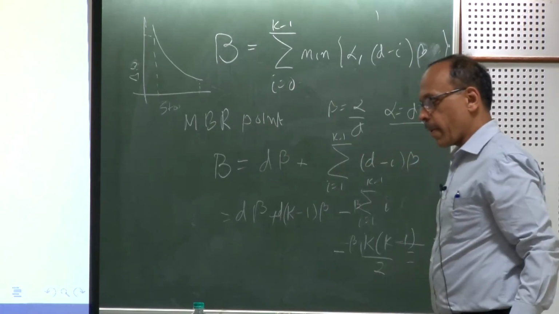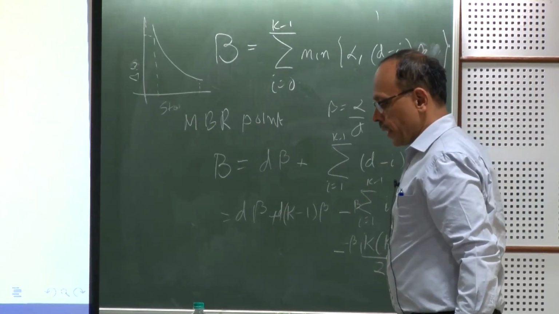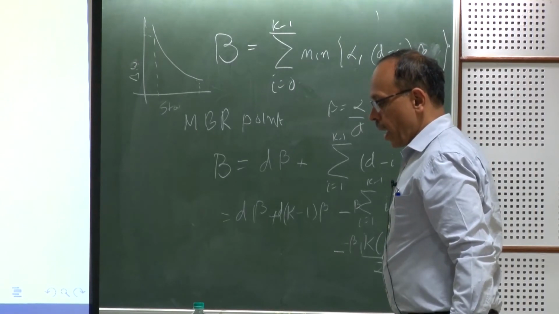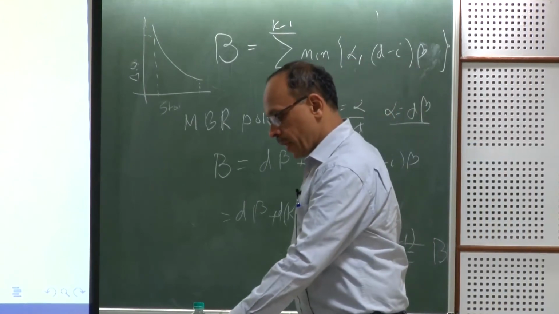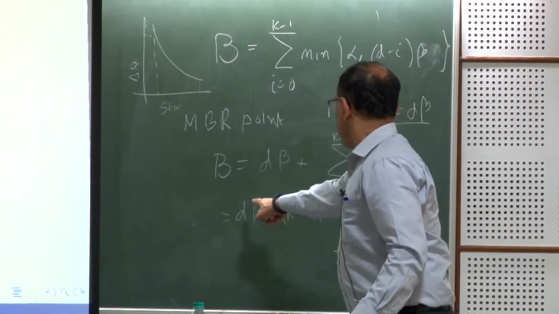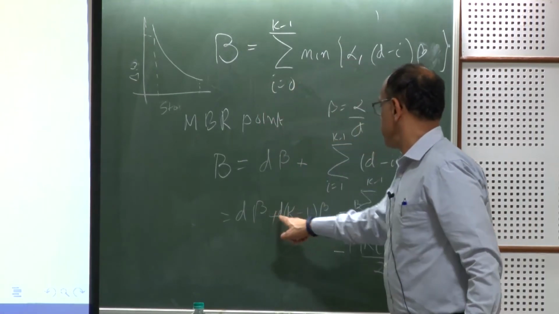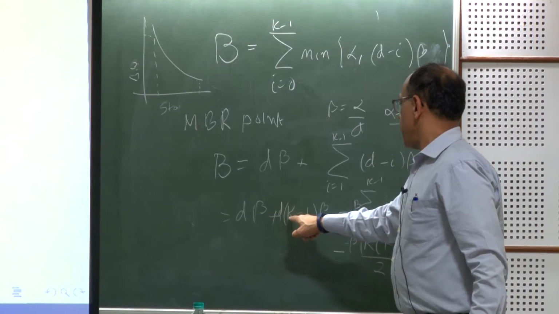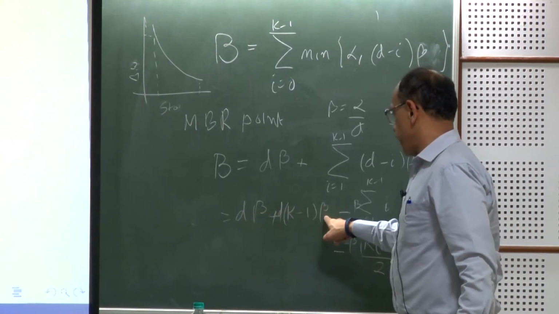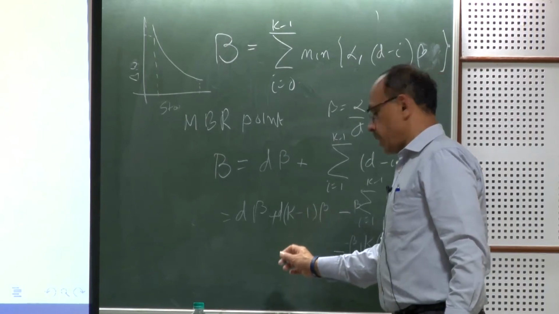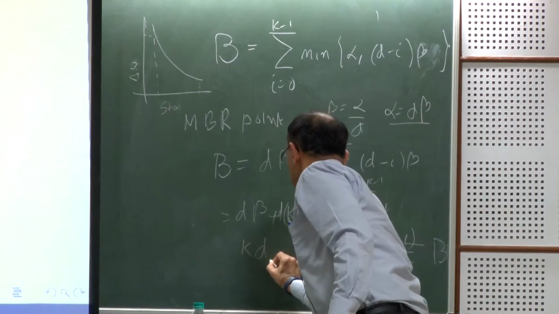So what you get is actually d beta plus d times k minus 1, so d is how much? There is a k minus 1 d beta, and there is a d beta. So this is just k times d beta, correct?